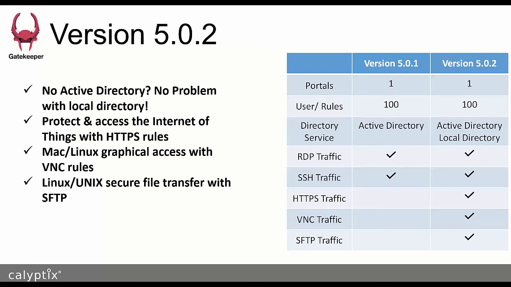We think that's really important for small organizations. Additionally, it allows you to accommodate users that would maybe not be in an Active Directory, such as a vendor, an HVAC person, or something like that. And that gets us to the next huge opportunity with Gatekeeper, and that's the introduction of HTTPS traffic.